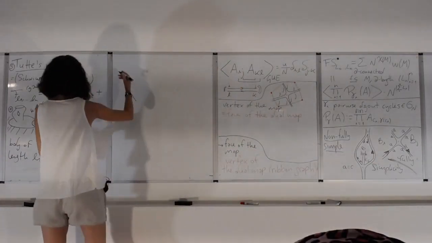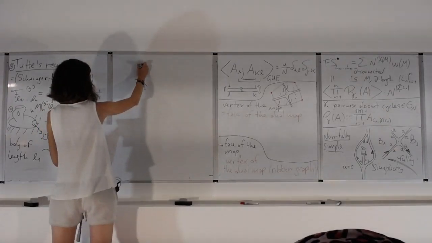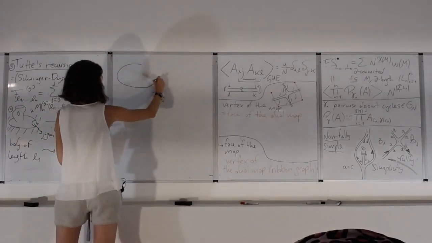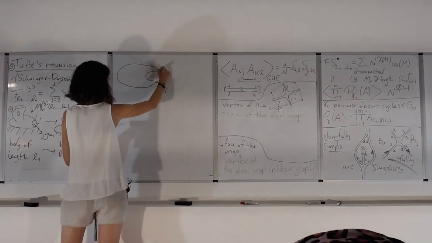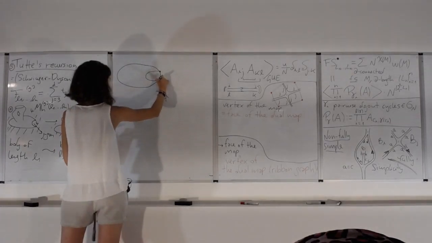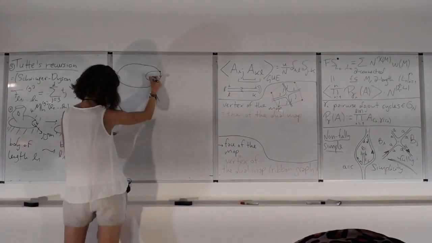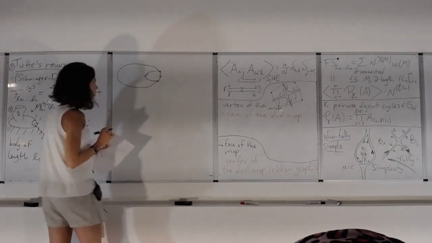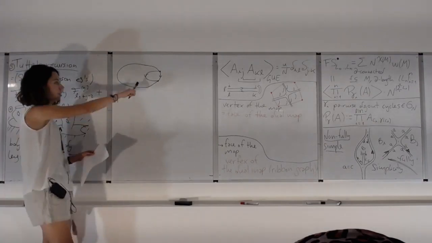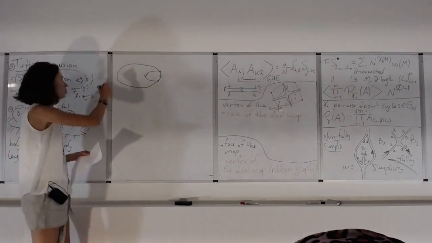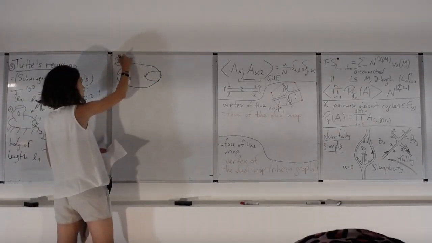Okay, then the next possibility is quite similar to this one. But we want that this is also a boundary now, because this is another possibility, right?